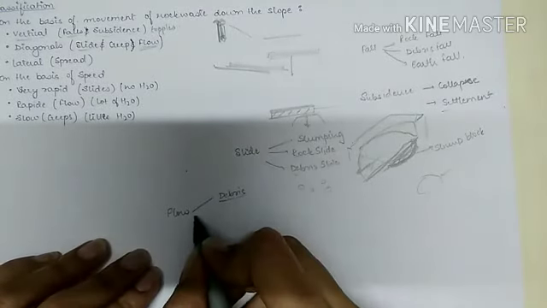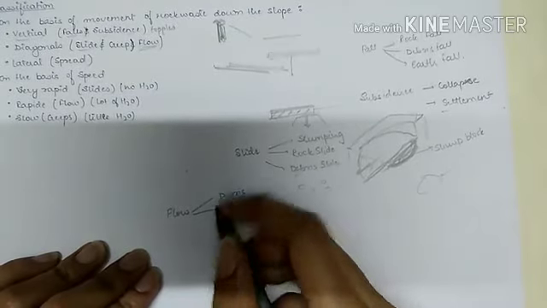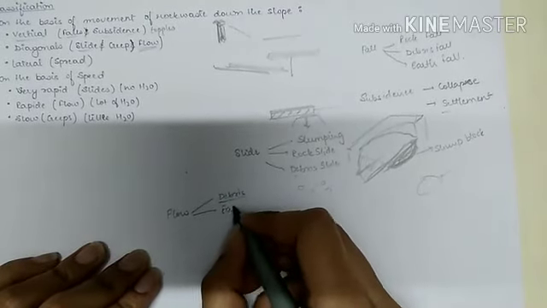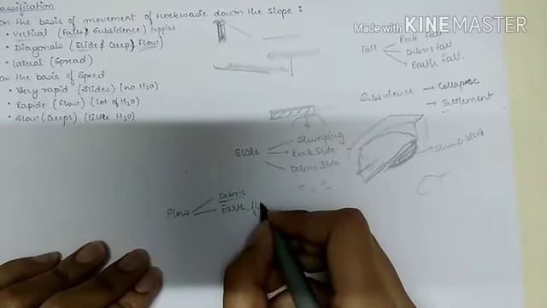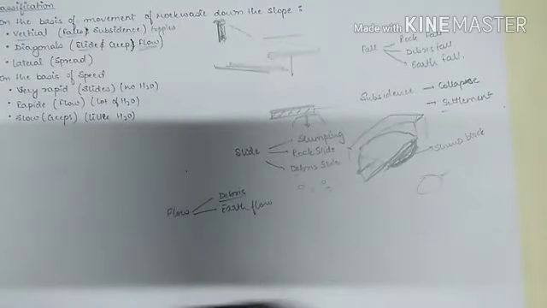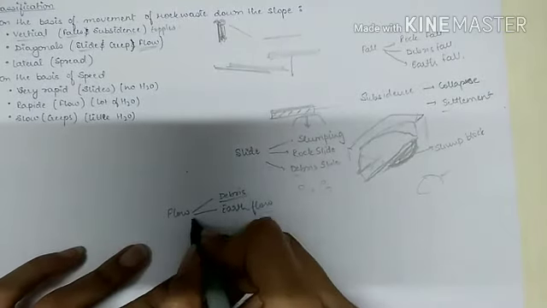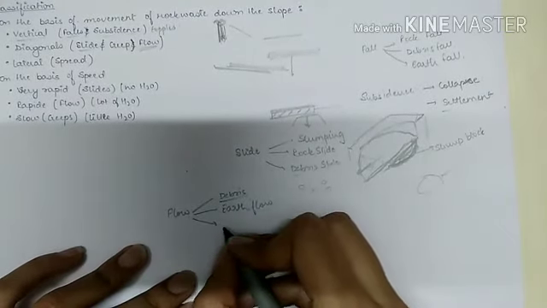Next we have earth flow. This is caused by excessive water, and here finer materials slide down. Next we have mud flow.